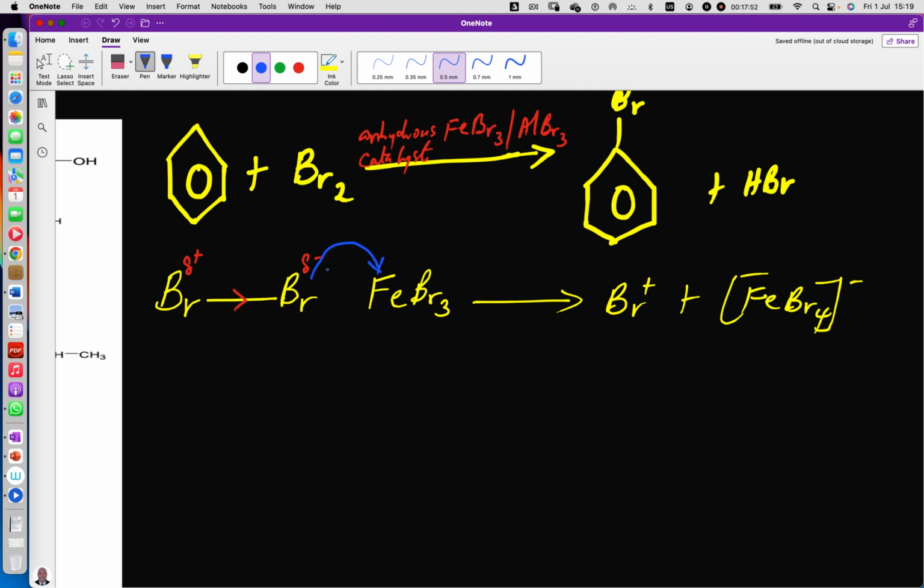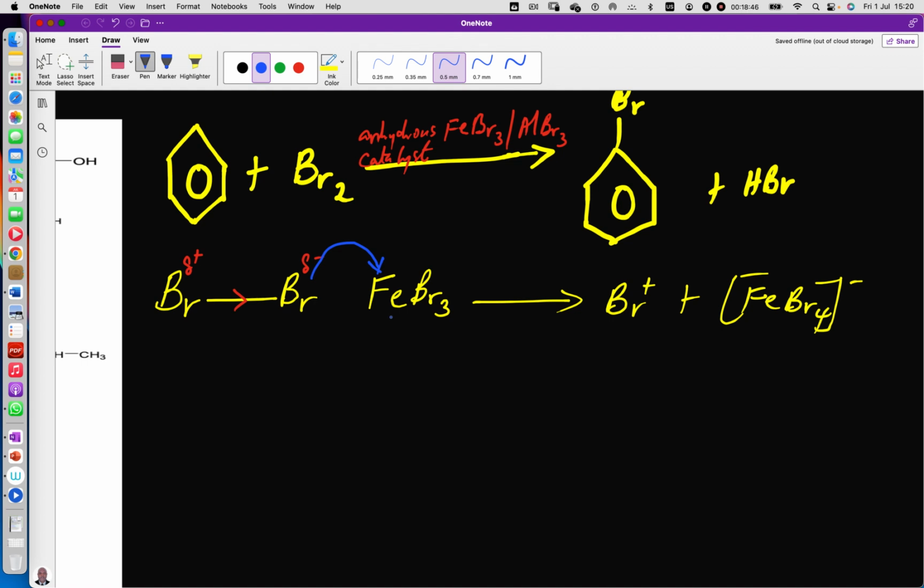The first thing is that the bromine molecule forms a dative bond with the iron 3 bromide, by donating a lone pair of electrons from one of the bromine atoms into the empty 3d orbital in the iron. Remember, iron is a d block element.